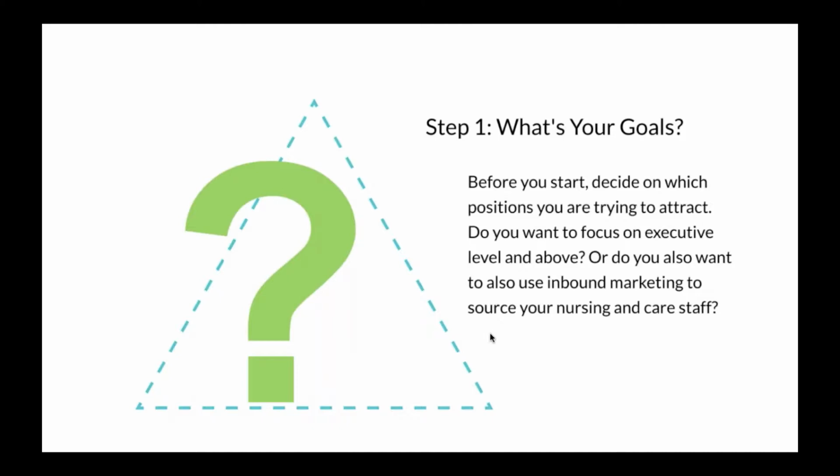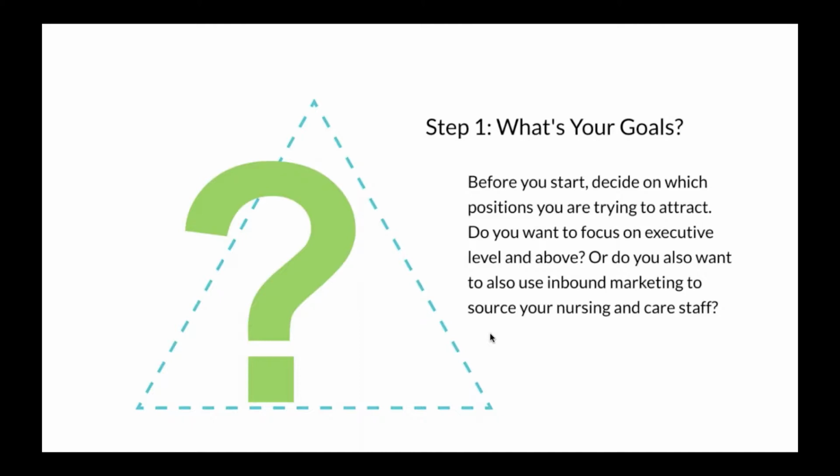So let's talk a little bit about what steps you need to set up your recruiting strategy through inbound marketing. So step one, it's really important, is to have a comprehensive plan of who you want to attract. So before you start, decide on which positions you want to try to attract. Do you want to focus on the executive level and above?